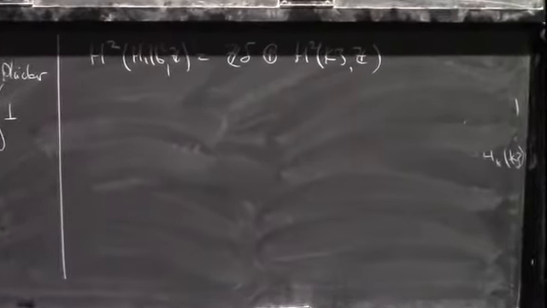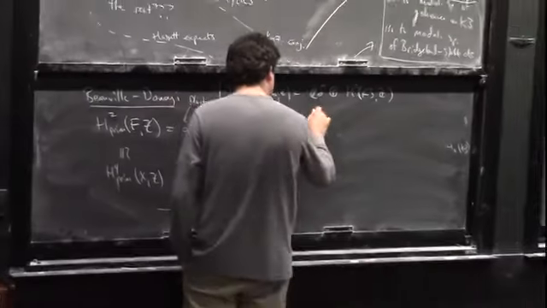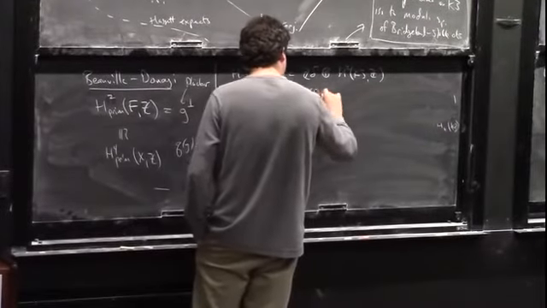And I should tell you that q of g is 6, and q of delta is -2.